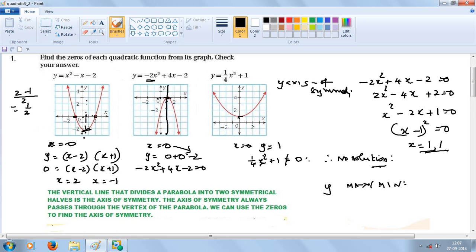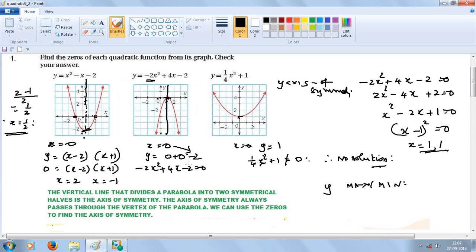What is the definition of this axis? It's parallel to the y-axis. That means x is equal to half is the definition of this axis. You see, it continues through half here, like this.